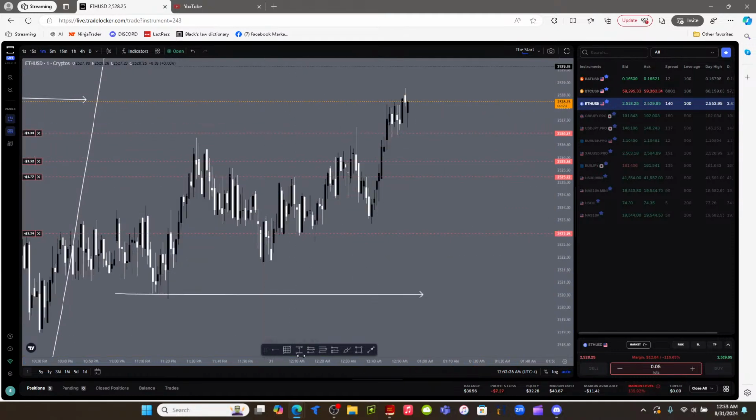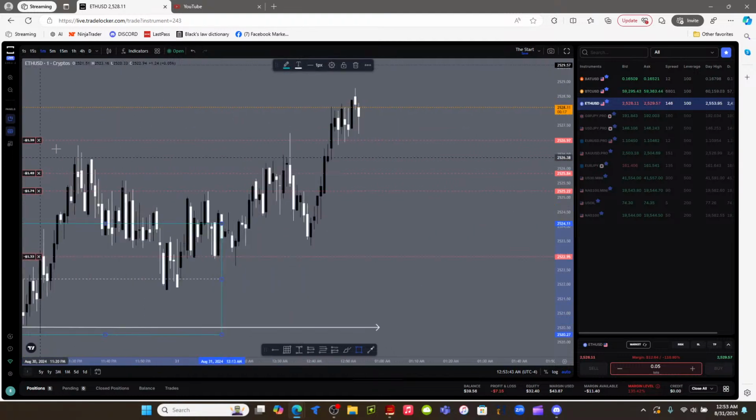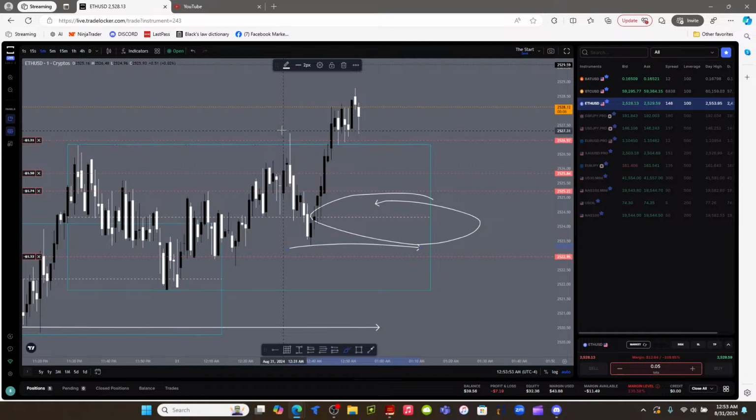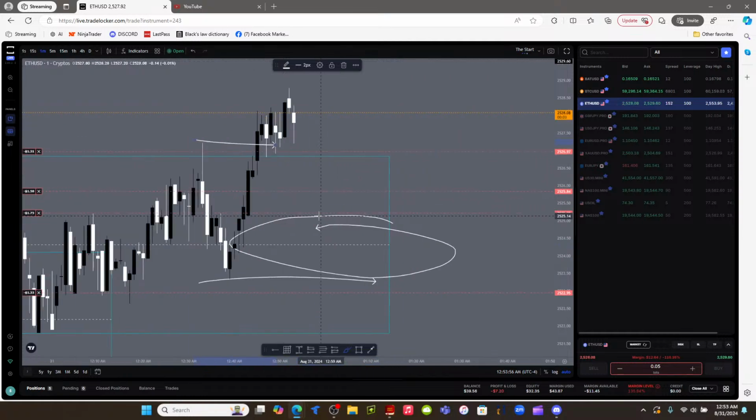So now we paying attention to what's happening here. We got this zone and now this zone. So I'm looking for price coming into here, maybe this zone here, to give me a reaction.